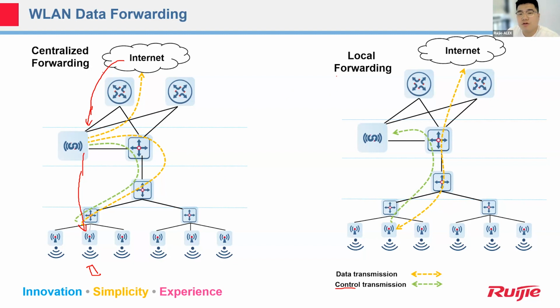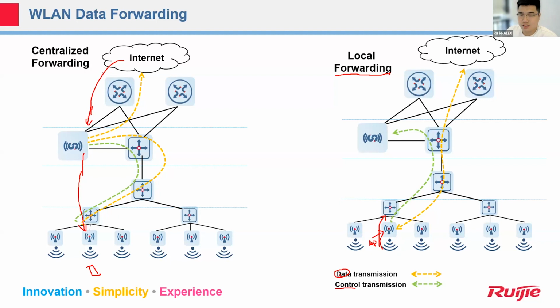And for the local forwarding mode, local means the AP itself. Compared with the centralized forwarding mode, if we just compare these two figures, we can easily find out that in the local forwarding mode, the service traffic is sent locally.